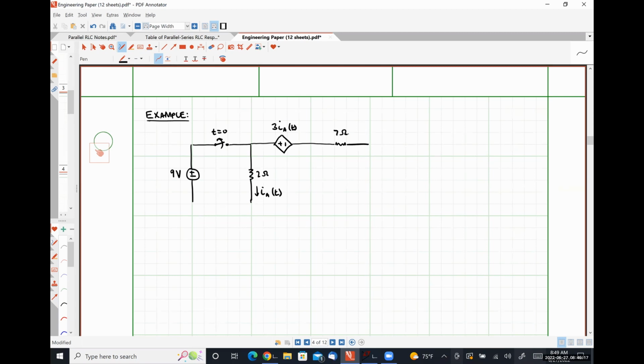Then we have a 7 ohm resistor, a 25 millifarad capacitor, and a 40/9 henry inductor.